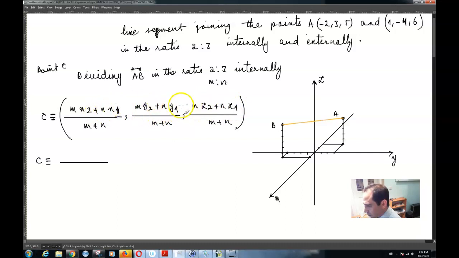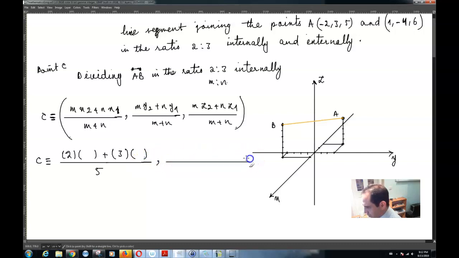So I can write my M over here, which is 2 times some other number plus N, which is 3, times some other number. And then over here I can write M plus N, which is equal to 5.